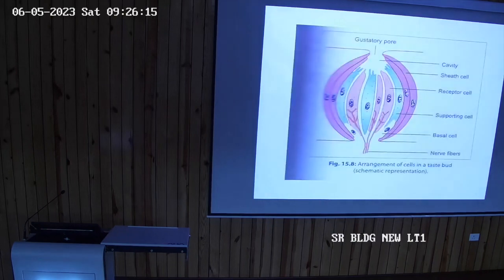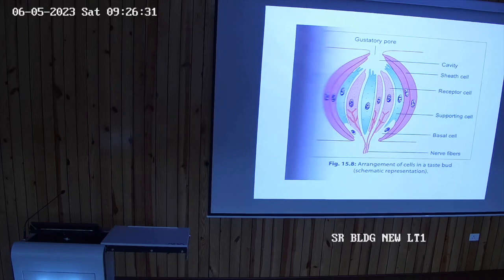From the next diagram, see. These are the different cells present in the taste buds. Look here. These are the receptor cells. The receptor cells at one end open into this open space, that is called the taste pore.